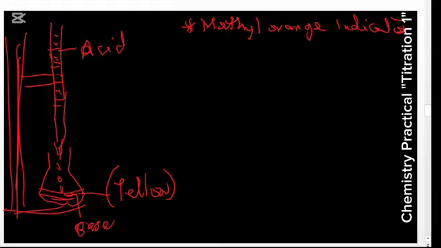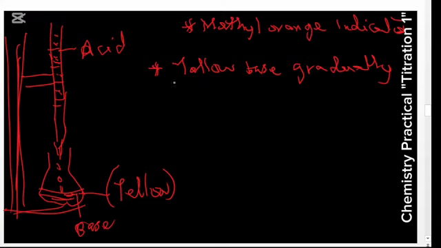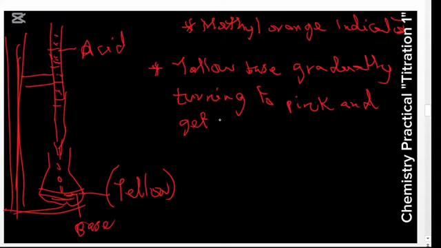So as you are doing the titration, what you observe is that it will get to a point whereby the yellow color will be changing to pink. So you are going to have yellow base gradually turning to pink, until it gets to a point we call the equivalence point, or we call it the end point.